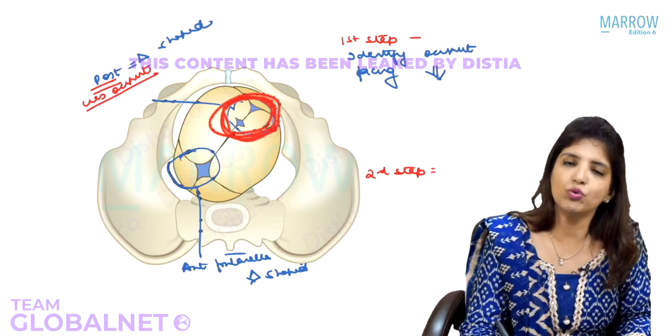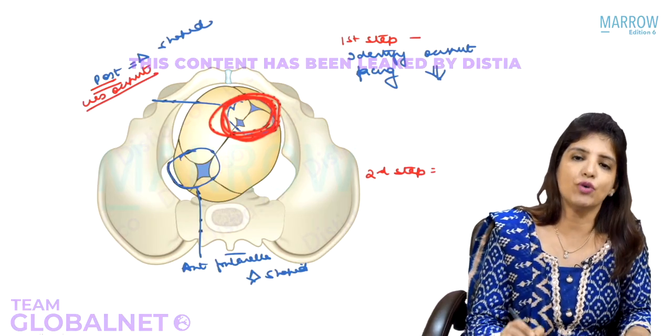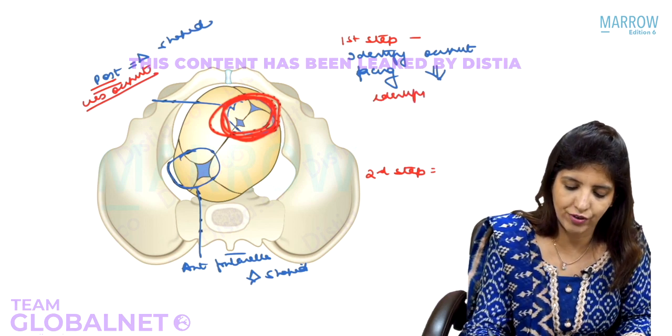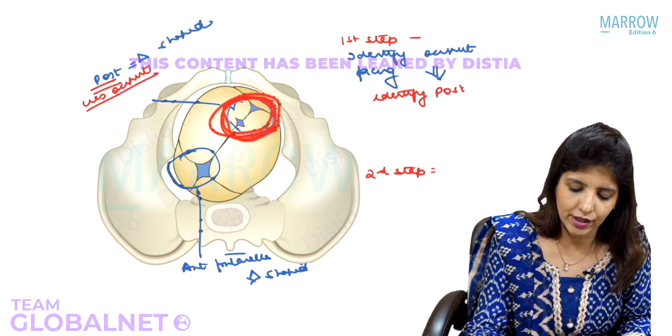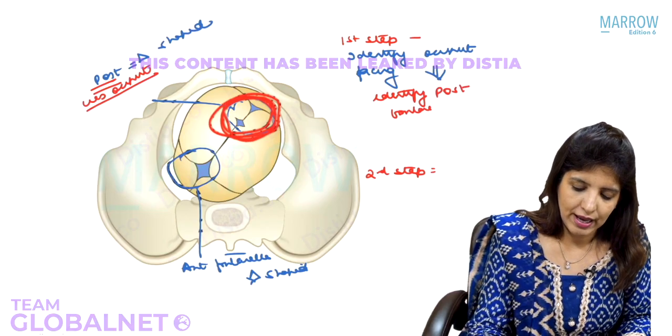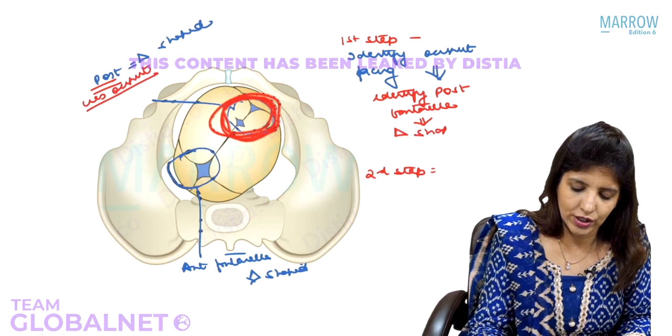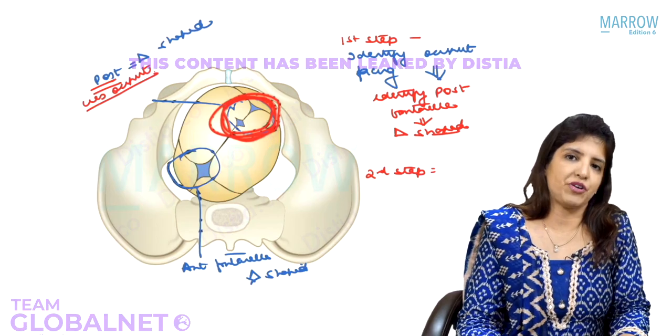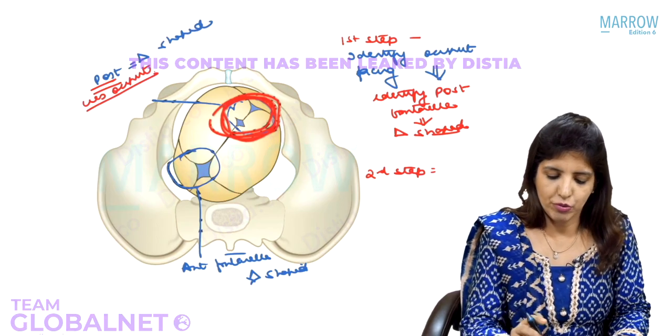To identify the occiput, you have to identify the posterior fontanelle, which is triangular shaped. Wherever the posterior fontanelle is facing, that will be the position.